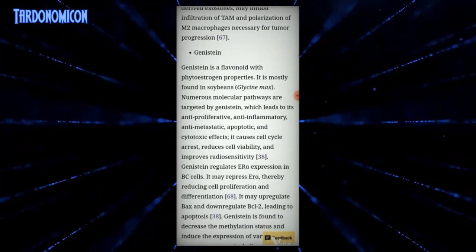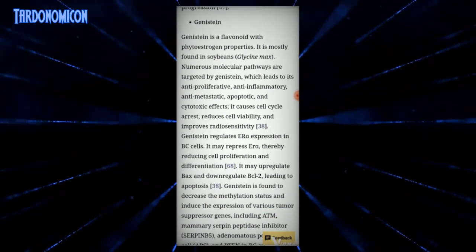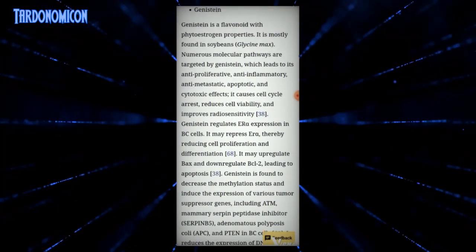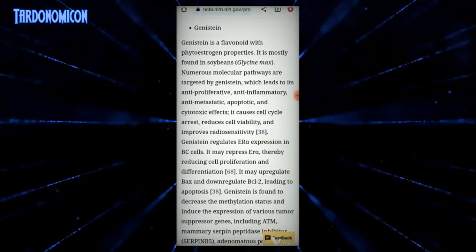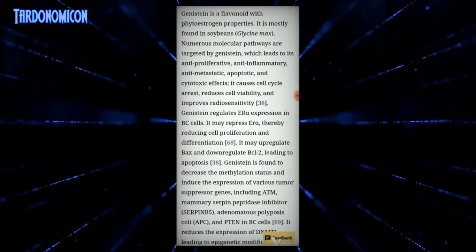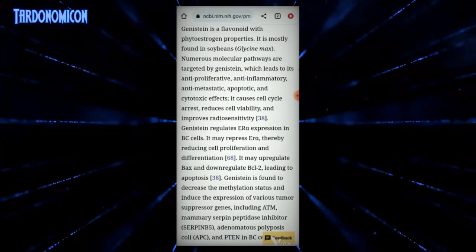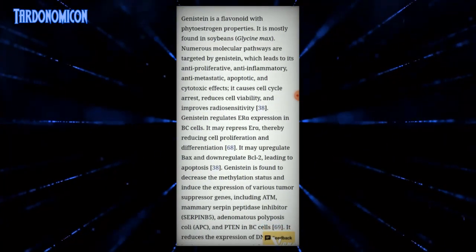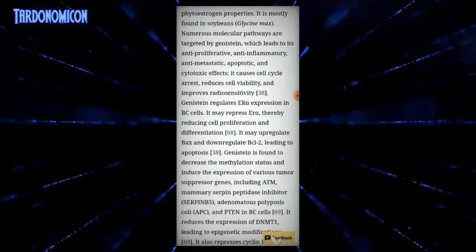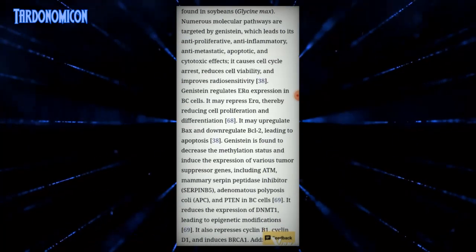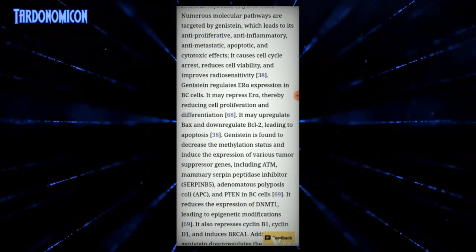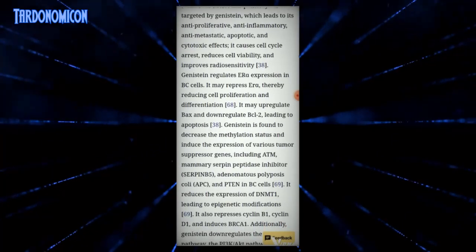Genistein is a flavonoid with phytoestrogen properties. This comes from soy. Okay, so this is very important. As found in soybeans, numerous molecular pathways are targeted by genistein, which leads to its anti-proliferative, anti-inflammatory, anti-metastatic, apoptotic, and cytotoxic effects.